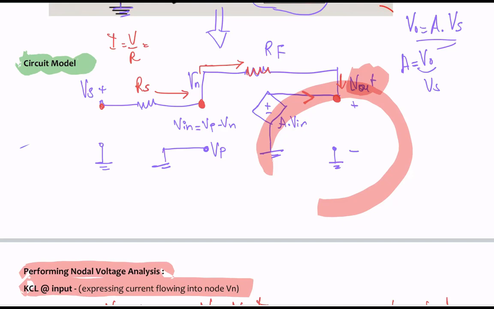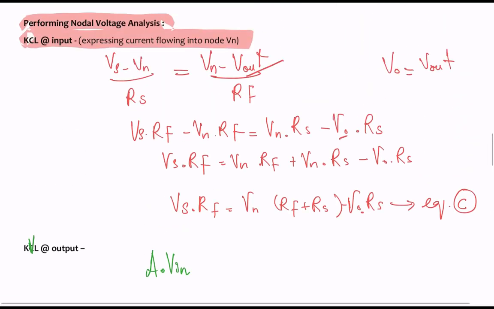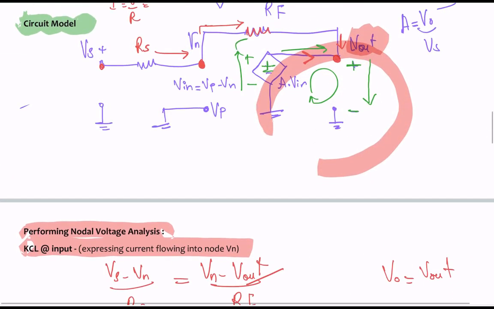If you notice the polarities, we already know that we have plus here. If you go clockwise like this, going from negative to positive, you're climbing up. Then you go this way, and you have V out plus here, and then minus, so you're climbing down the hill. What would be the equation if you apply KVL at the output? So I get A dot Vn, which is basically this source right here.